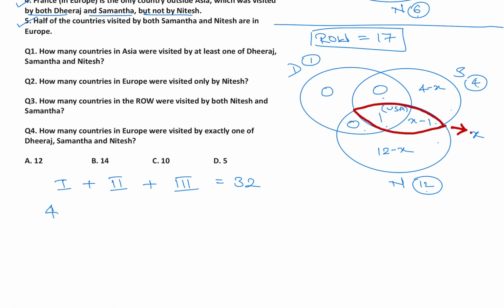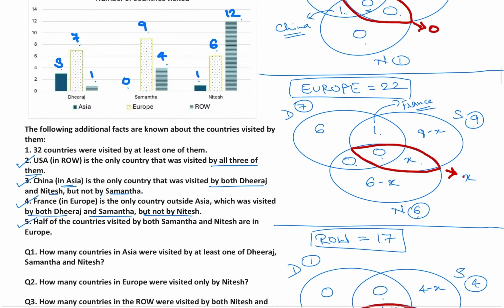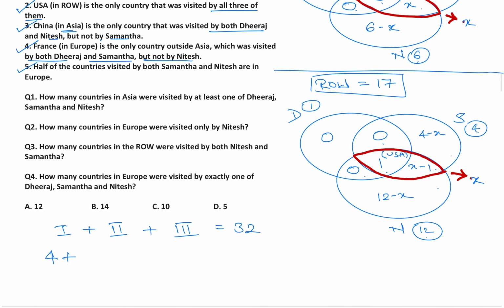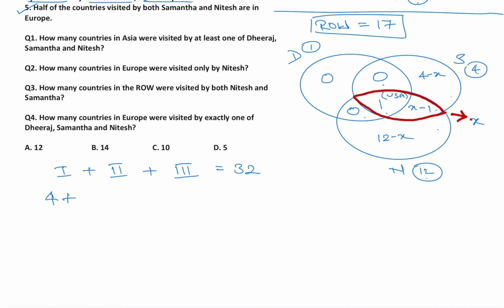So this will be 4 plus, from Europe, the number of countries visited by exactly 1 is 6 plus 8 minus x plus 6 minus x. So this will be 6 plus 6, 12, plus 8 is 20, 20 minus 2x.